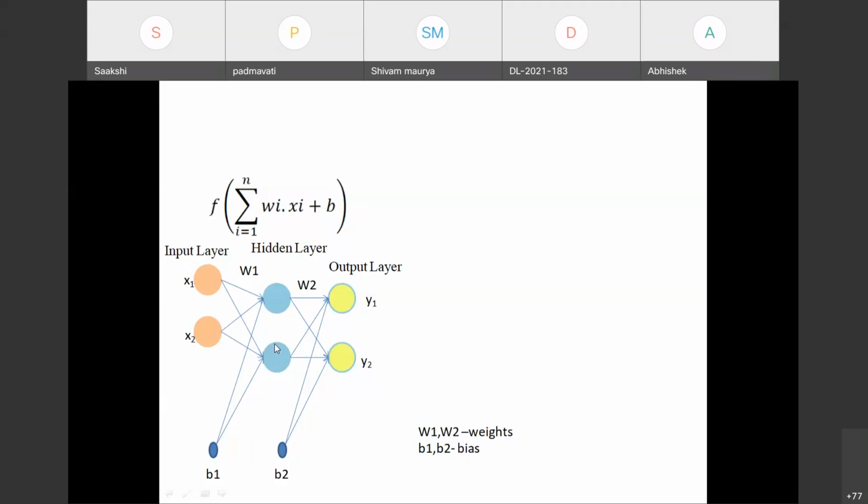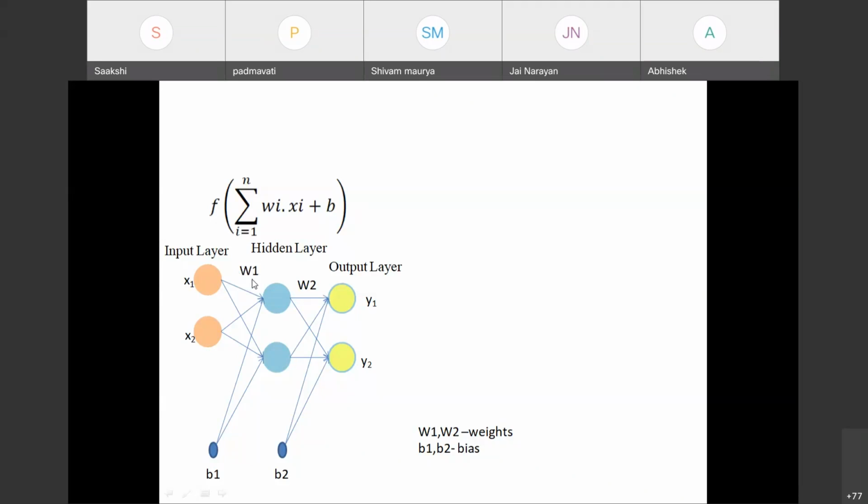And what about the dimension of this particular W1? 2 cross 2, because it is taking 2 inputs and there are two neurons. Yes, very much correct.